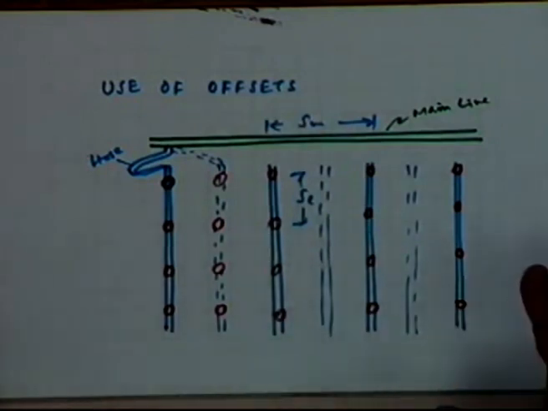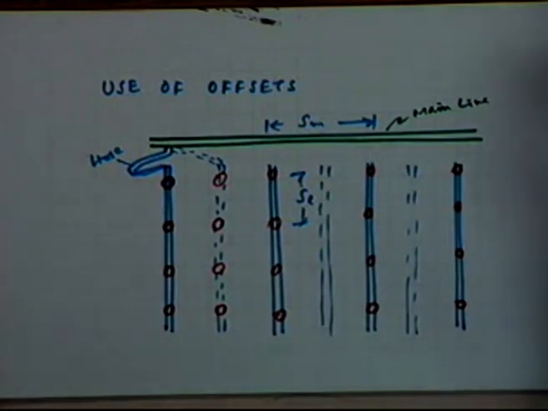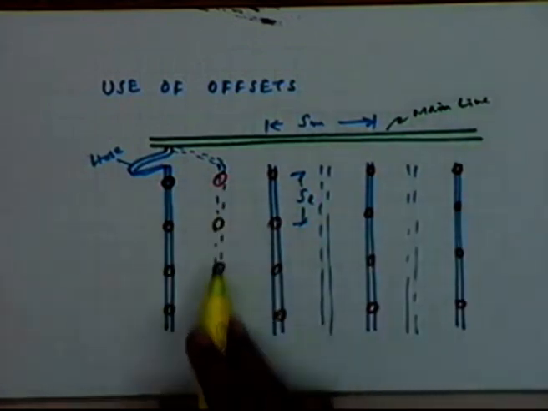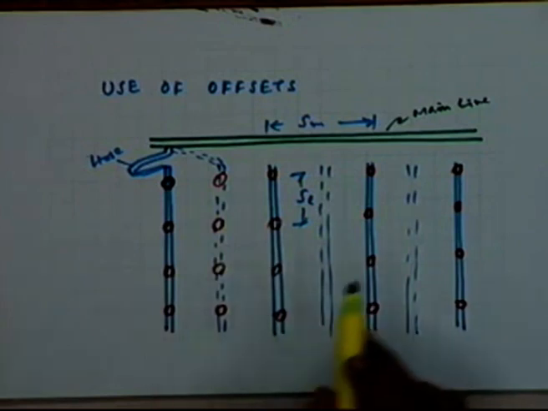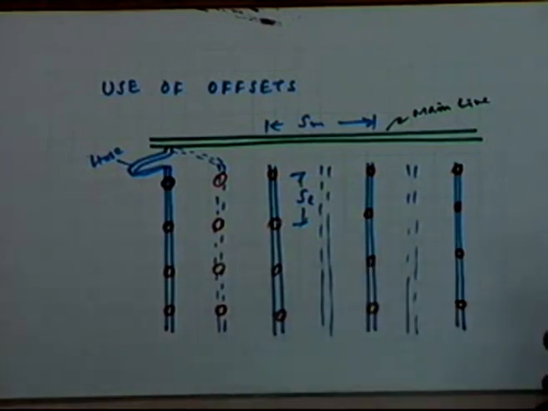So this type of offset is very easily possible with the side roll system, where you have the whole thing mounted on wheels. When you move it, it is only the position of the placing of the lateral which has to be changed.